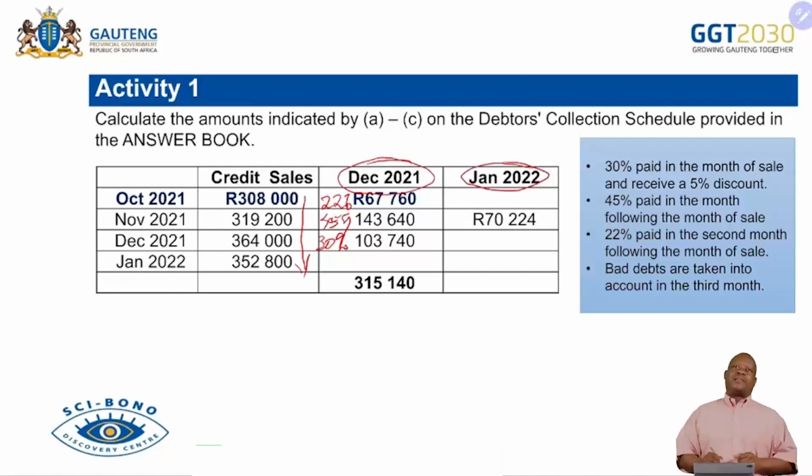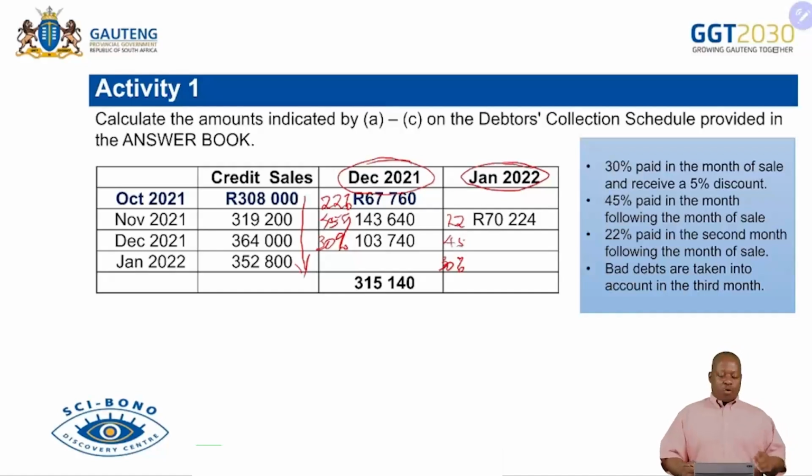Very important. Where January and January meet, that's where we are going to have our 30%, because 30% in the month of sale. And then we go up, 45%. And then we go up, 22%. Very important. Now, when you can establish this, then everything else is straightforward.